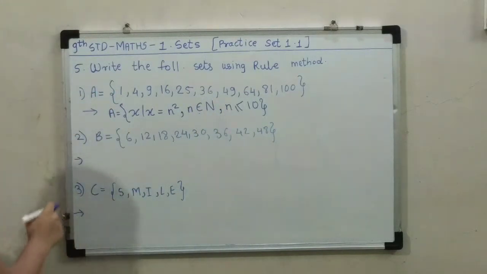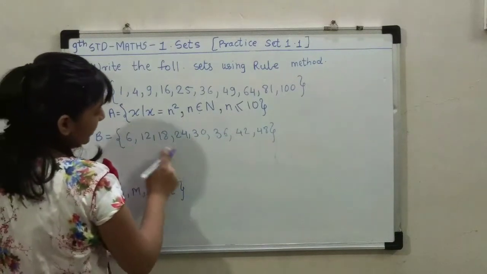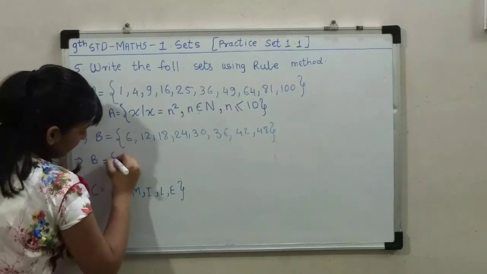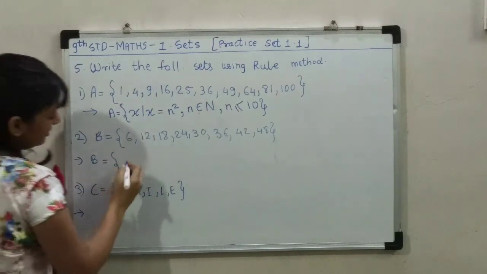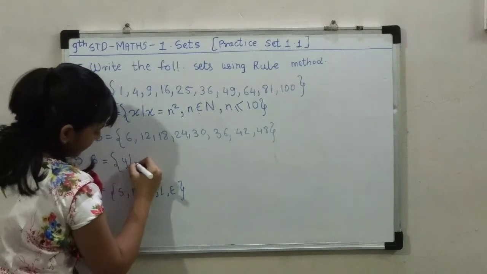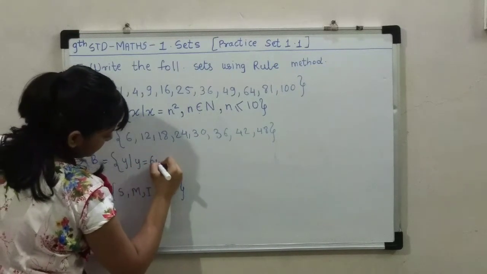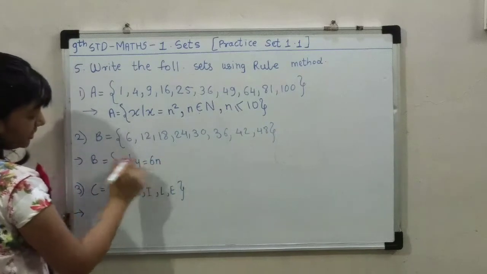Second sum is B is equal to 6, 12, 18. So this is 6 table. So here set B is equal to y such that y is equal to 6n, means 6 table numbers.